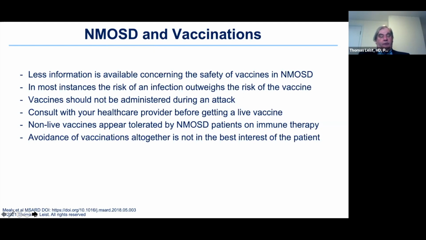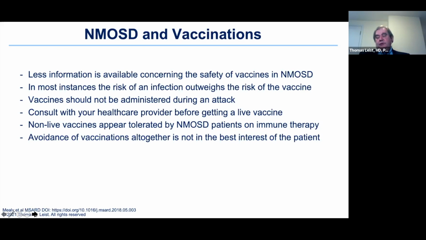A patient with neuromyelitis optica, and this is my opinion, should not get a vaccine during an attack. And a patient should not get live vaccines unless there are specific considerations, or it's done under the supervision of a healthcare provider.